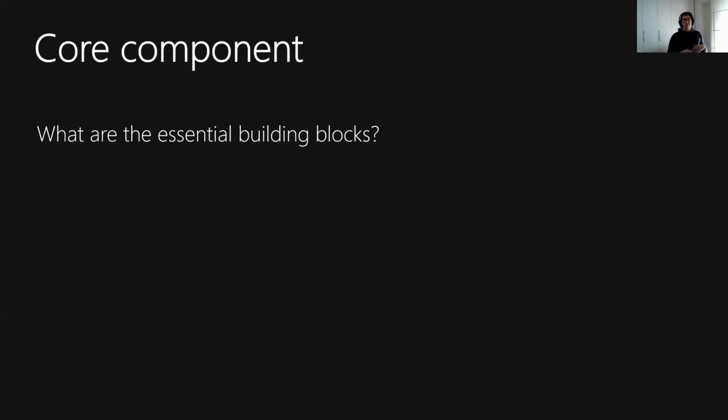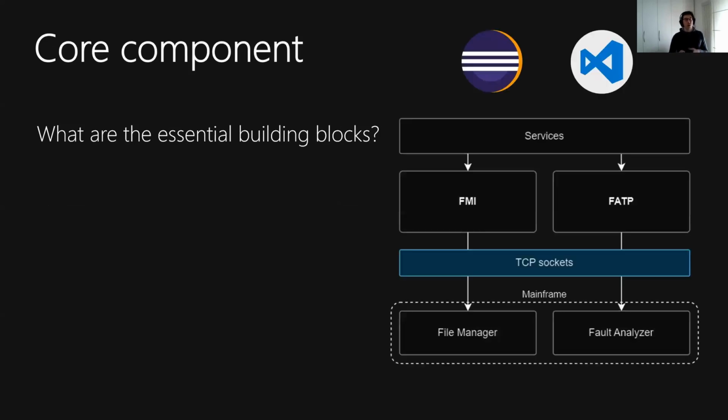Now, before jumping into coding immediately, as a typical programmer like me will do, we have to find what our core component is, what powers all of the functionalities that we have currently in Eclipse. And that core component for us is our protocols. We have a couple of custom protocols, one for File Manager and one for Fault Analyzer, that we use to exchange data with the mainframe.